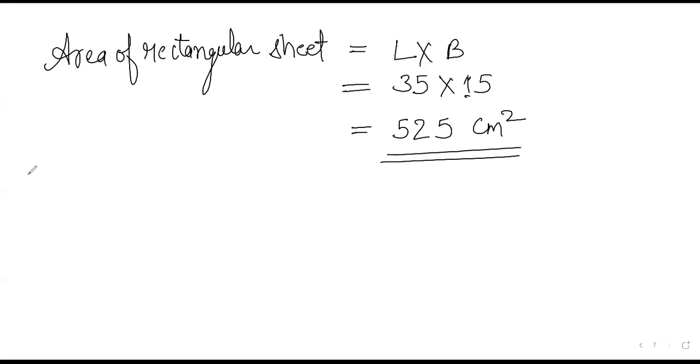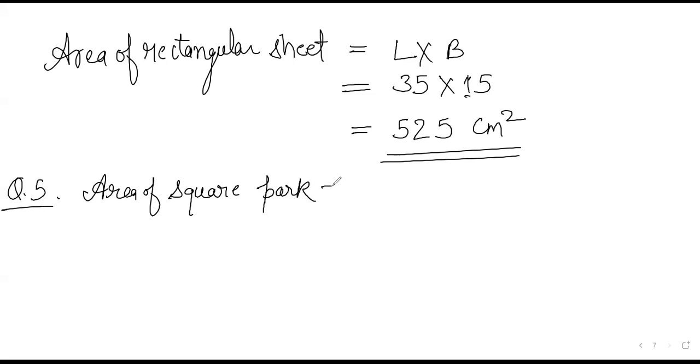Okay, so let us move on to the next, question number 5. Question number 5 is important. The area of a square park is the same as the area of a rectangular park.